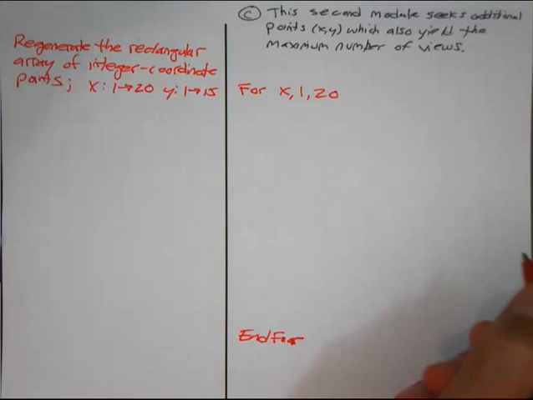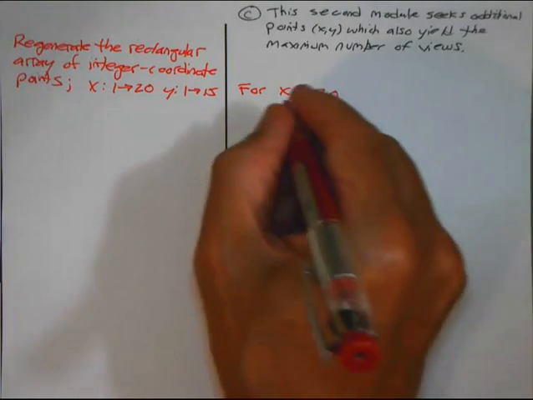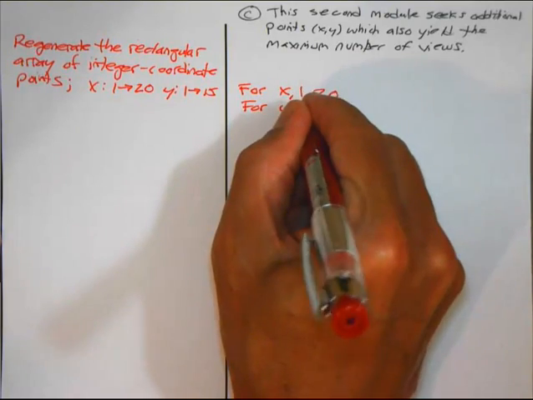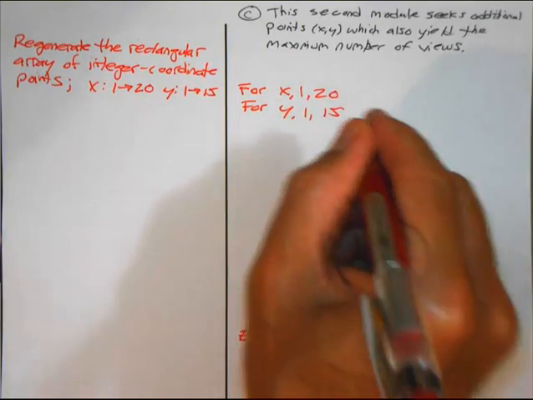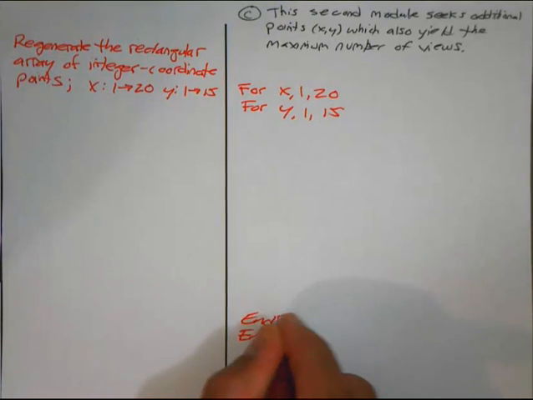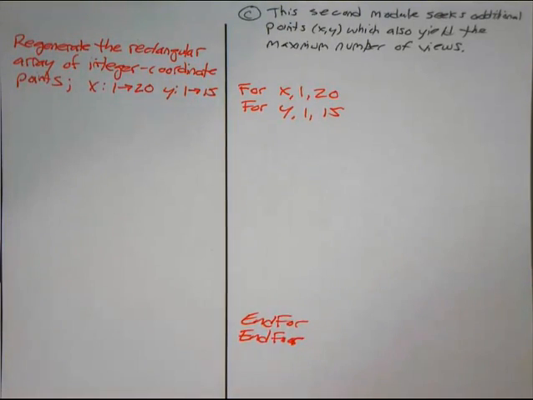Then we also have to generate the Y sequence, so another one, variable Y, 1, 15, and the corresponding end statement down there. Okay, now that we've done that, what happens next?